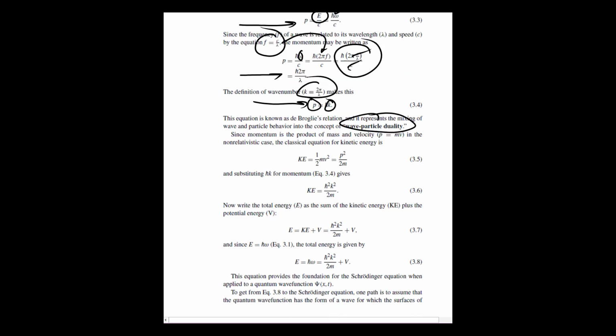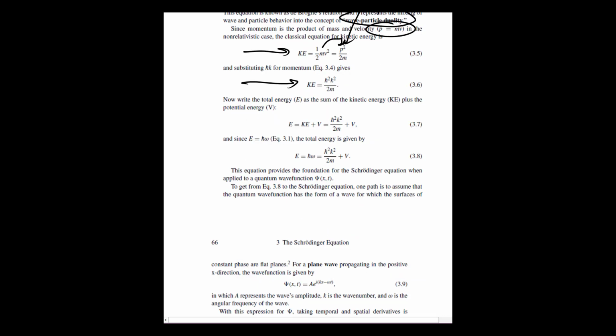So let's write down the energy. In this case, the kinetic energy, 1/2 mv squared. We know that momentum p is mv, so if we plug that in, we find that kinetic energy is p squared over 2m, or if we use this expression for p, we get kinetic energy is h bar squared k squared over 2m. So for the total energy of a matter wave, we can write the energy is KE plus V, the potential energy. Notice this is not potential.